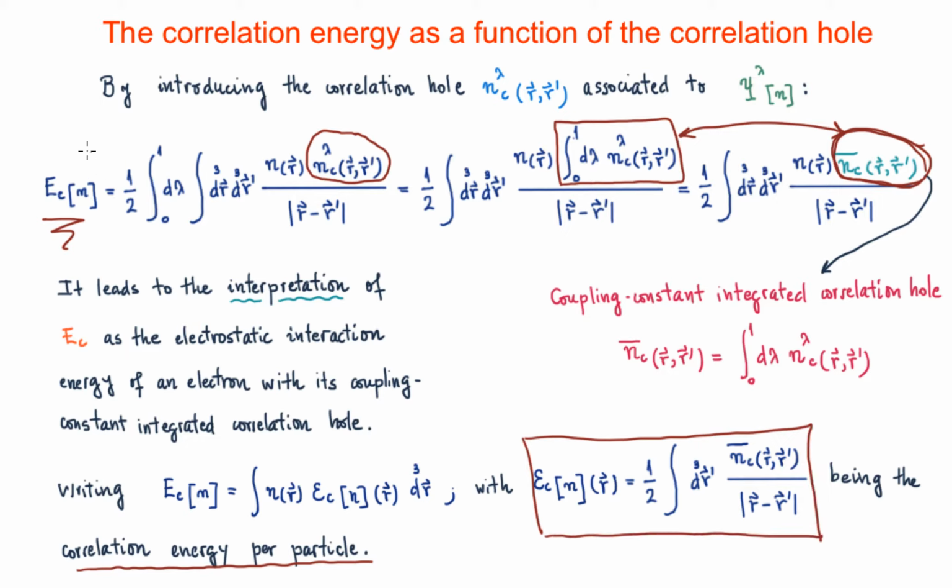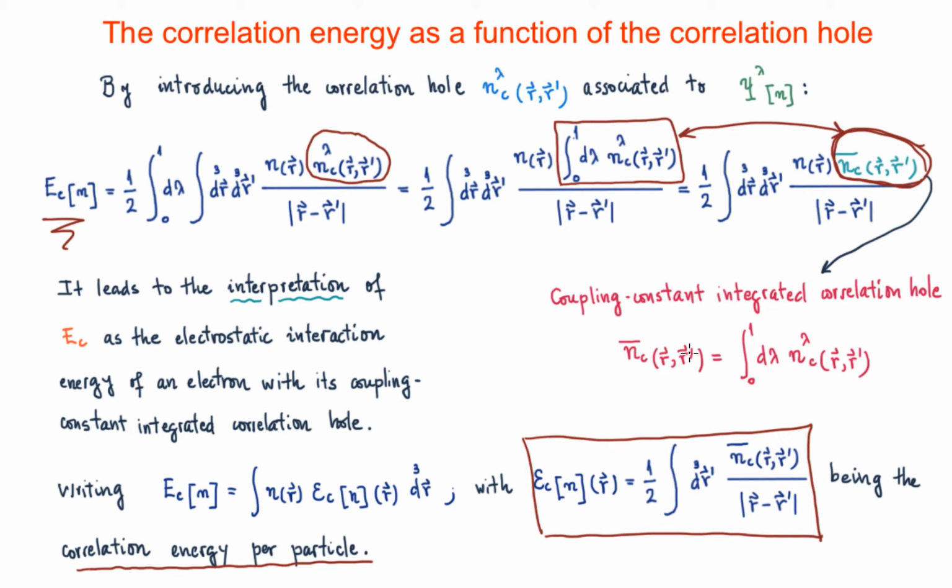Either the correlation energy functional or the correlation energy per particle can be written in terms of the coupling constant integrated correlation hole, in a similar way as we did for the exchange energy functional.